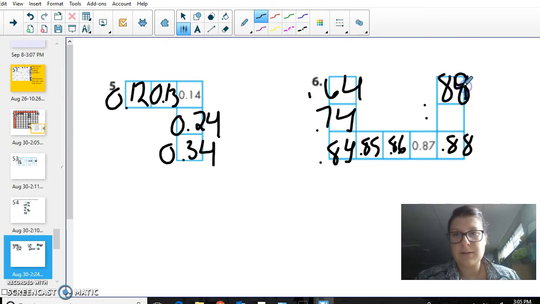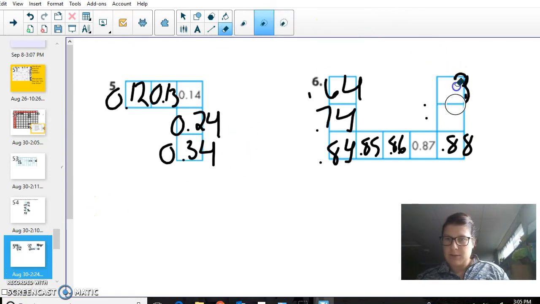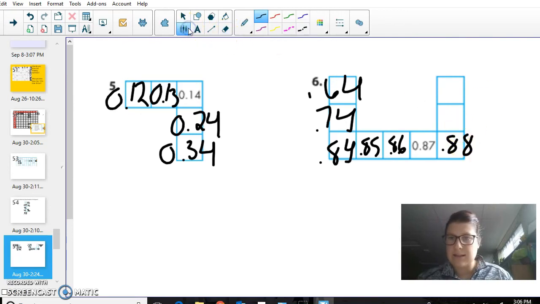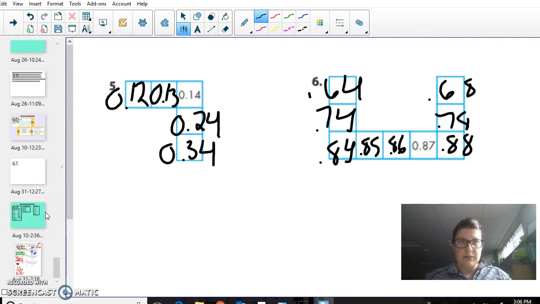Oops, that should be an 8. Let me erase that one. I made a mistake, so I want to erase that. I know that I'm getting smaller, so it wouldn't be 8 tenths anymore. It would be 7 tenths, so 78 hundredths, or 68 hundredths.